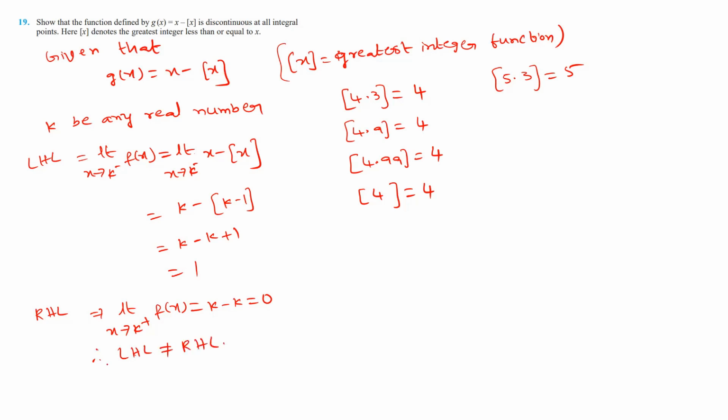So the function is not continuous at any integer. Therefore, f of x is discontinuous for all integers. They are asking about integral points, so this function is discontinuous at all integer values.